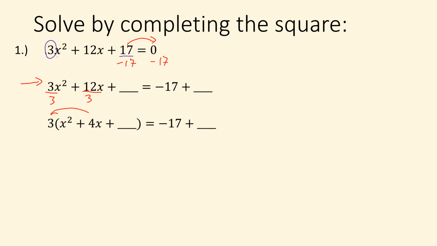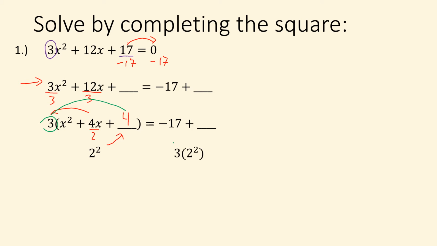All right, and this problem inside the parentheses looks like what we did yesterday. So now we can take this 4, we can cut it in half, we get a 2. 2 squared is 4. That's going on that parentheses there. Now, we're not putting that on the other side because on the other side, we want to keep the equation balanced. And we didn't just add 4 to the left side, we're actually adding 3 times 4.